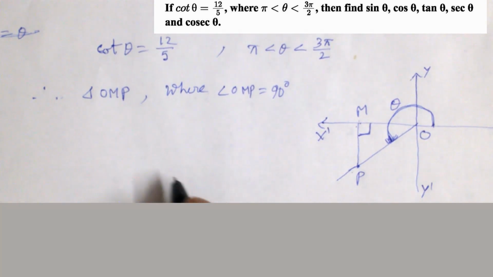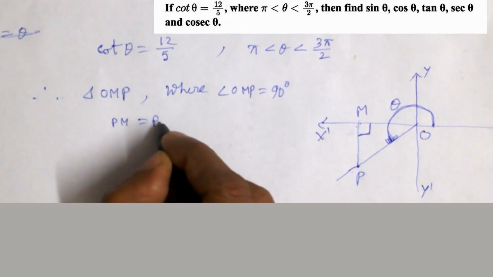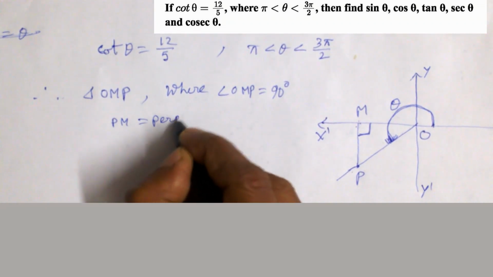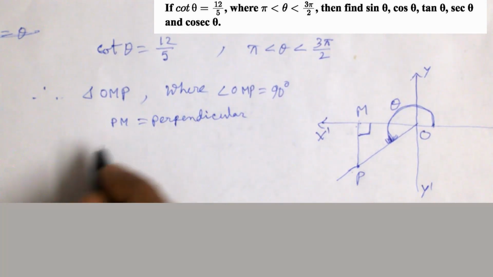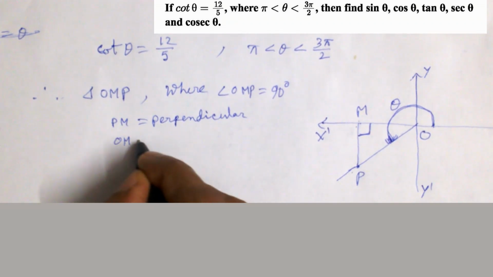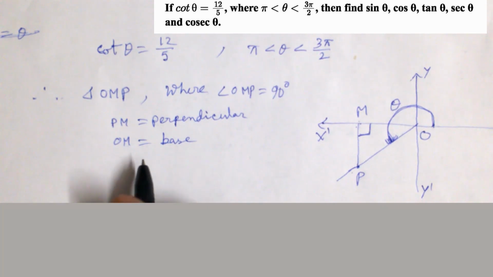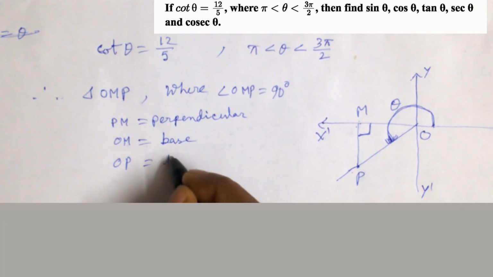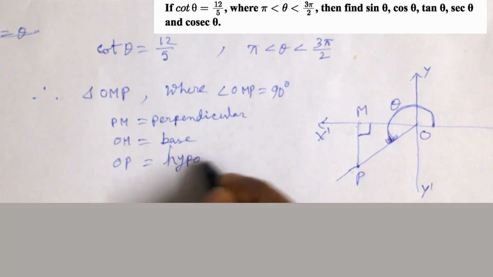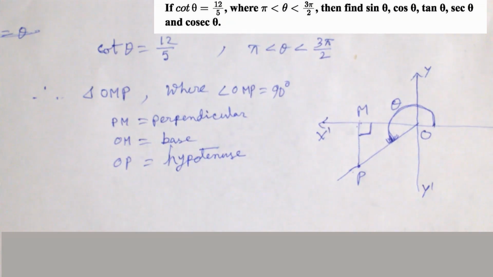So PM is the perpendicular, OM is the base, and OP is the hypotenuse.